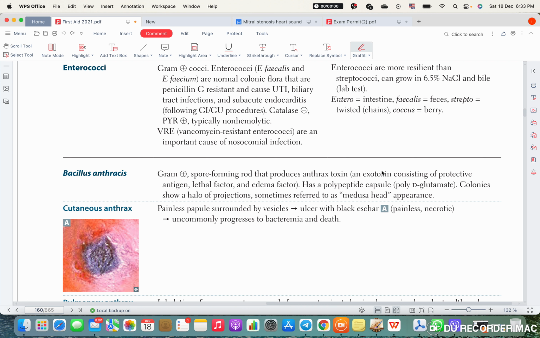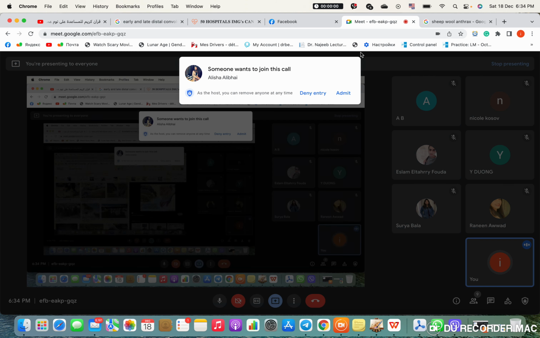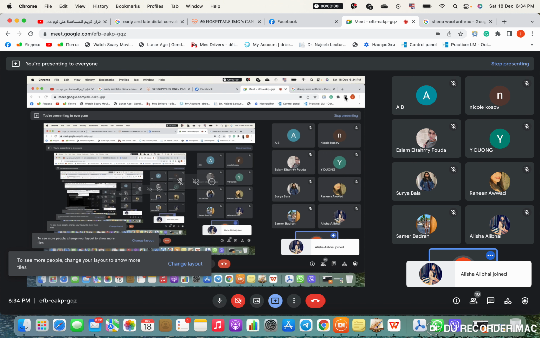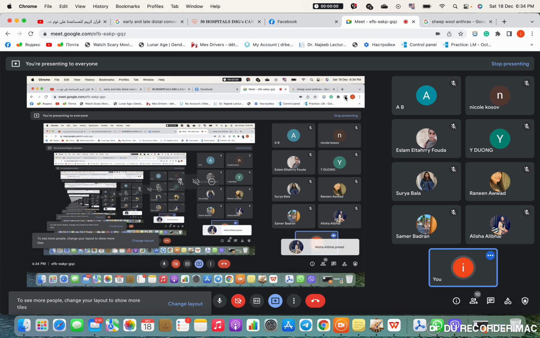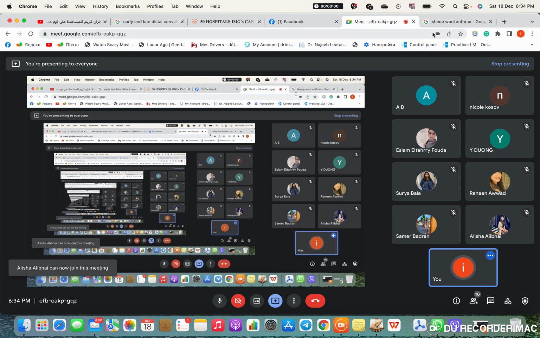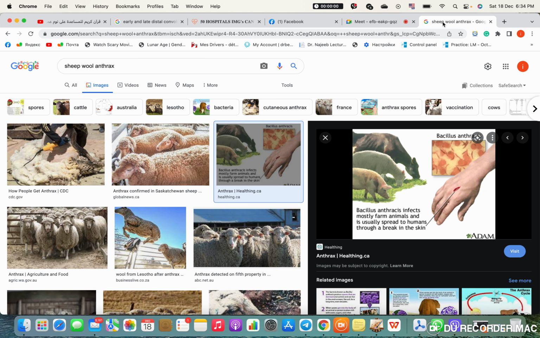So they write an exotoxin consisting of a protective antigen, a lethal factor and an edema factor. If we mention the edema factor and the lethal factor, we need to understand what is the difference between them and what they mean. If we speak about the edema factor, it increases something called cyclic AMP.